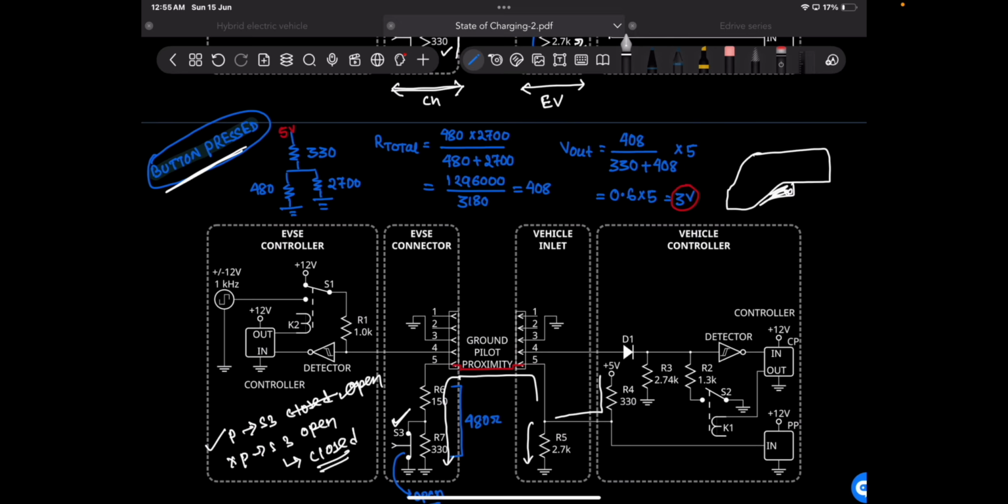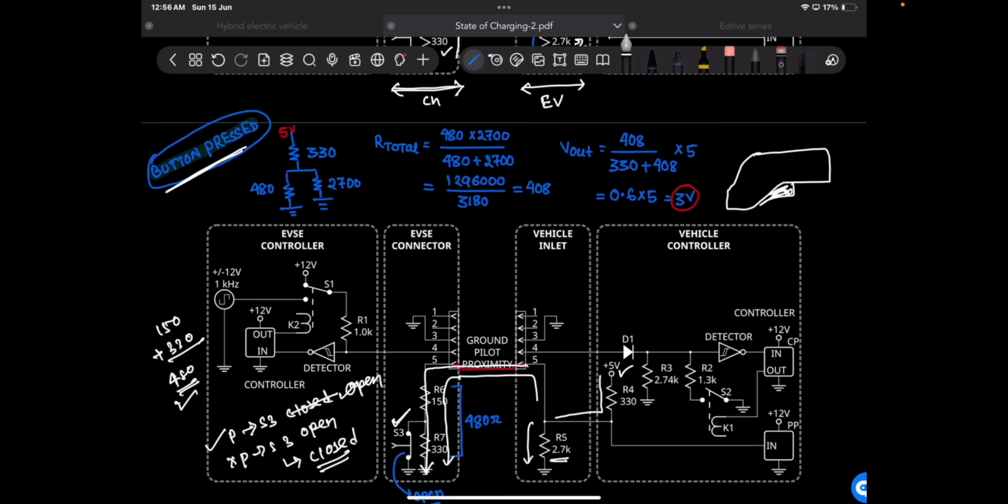Then overall you are getting a resistance of 150 plus 330 ohm, so overall you are getting 480 ohm in one branch. This is the branch in which you are getting a resistance of 480 ohms, you are getting a resistance of 2.7k ohms in the other one, and from the main you already have a 330 ohm resistance, and the power supply you have is 5 volt.